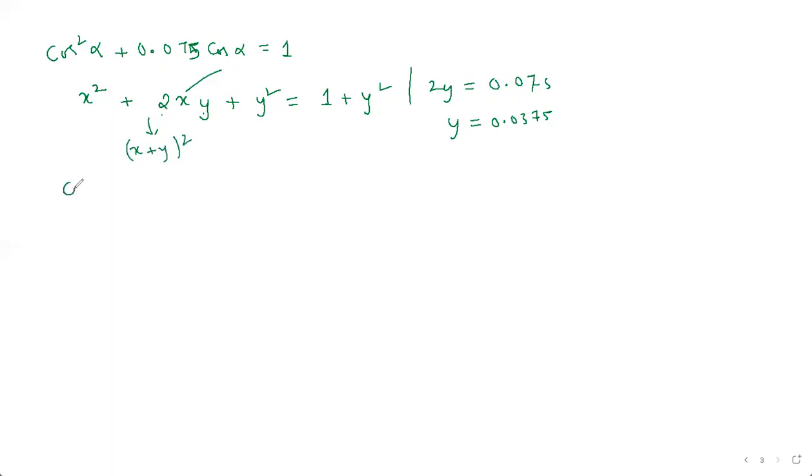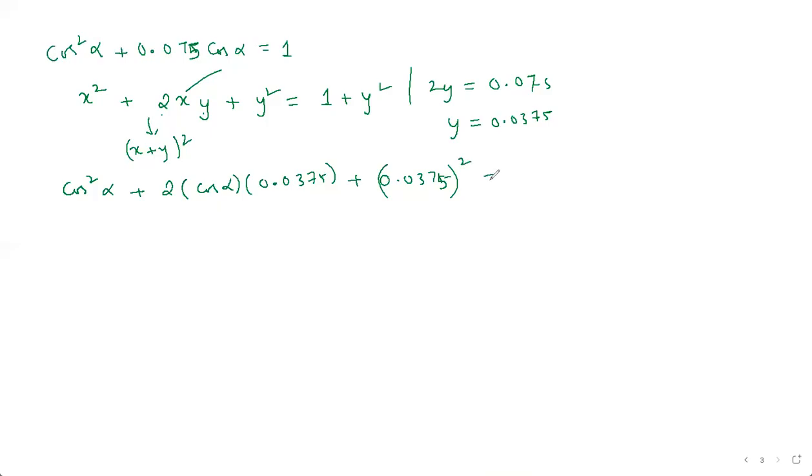So right away I'm writing cos square alpha plus 2 times, what is A value? A value is X, meaning cos alpha. What is B value? B value is Y, right? So Y is 0.0375, right? 2AB plus B square. What is B square? 0.0375 squared.